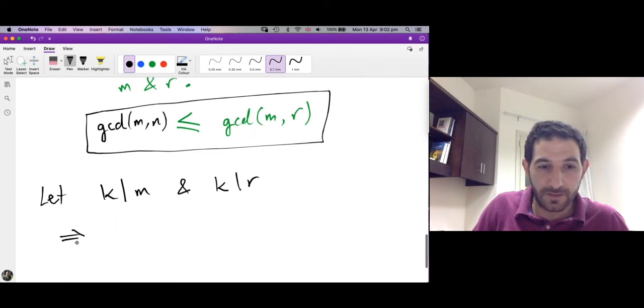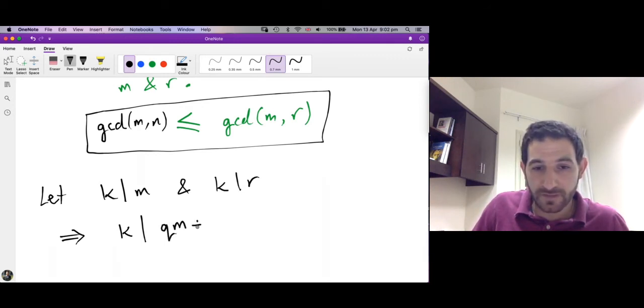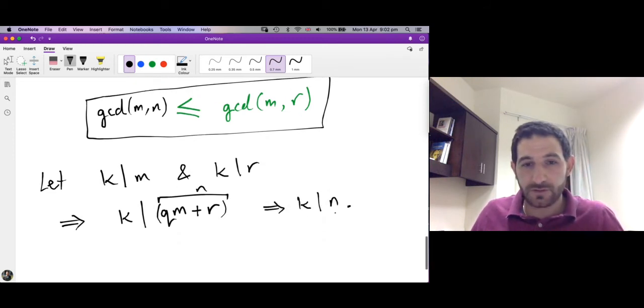So since K divides m and K divides r, then K must divide q times m plus 1 times r. Right? This is again by the property of divisibility. But what is this number? qm plus r is n.